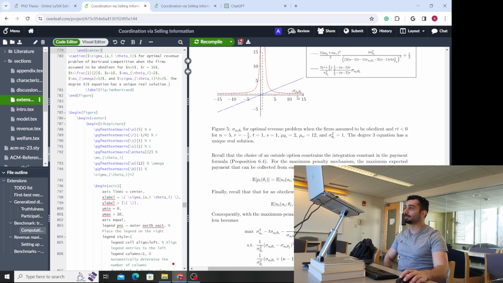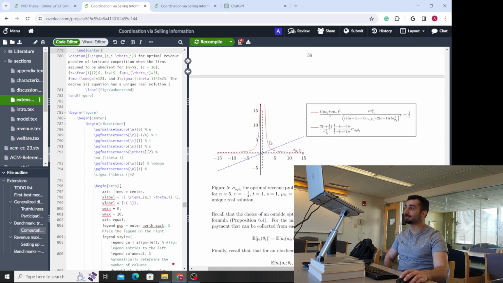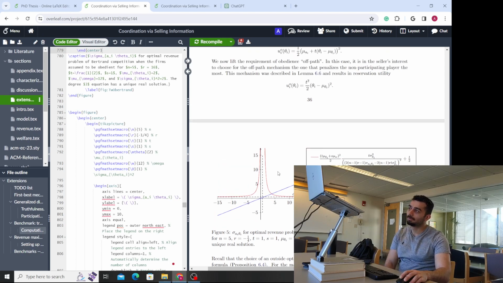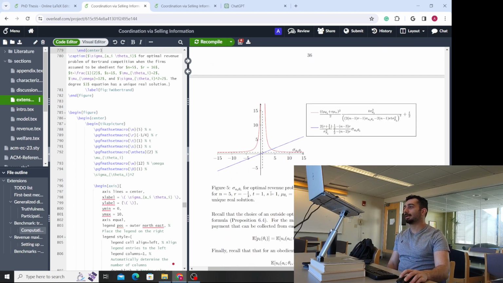Well, we can also change the range of the x-axis and y-axis, but I like the look here. The graphs are not too small, so let's keep it like that. Sigma I theta I for the optimal revenue problem when the firms are assumed to be obedient, and RT is negative for N5.